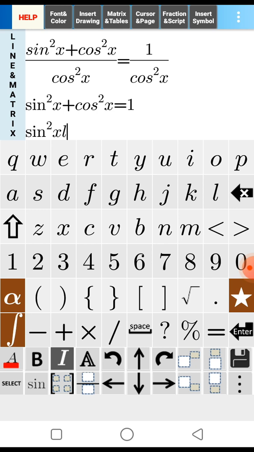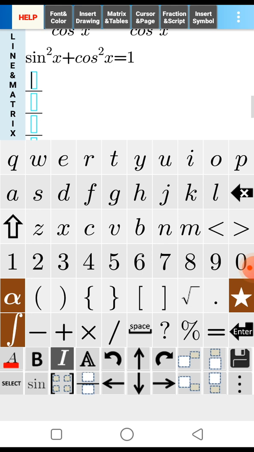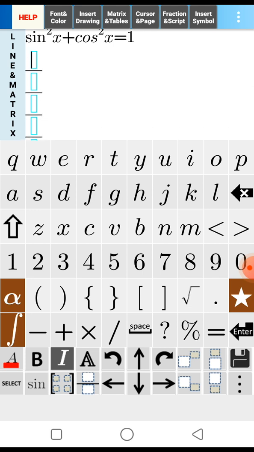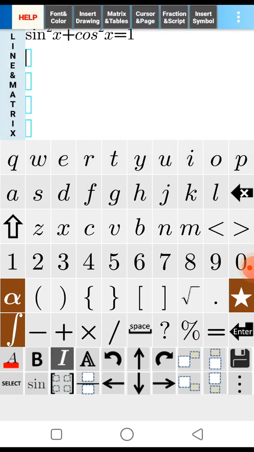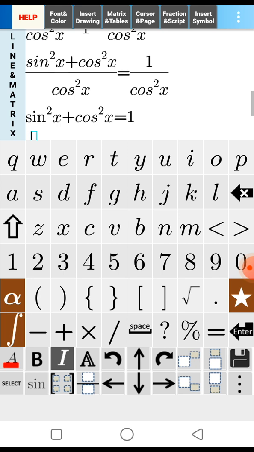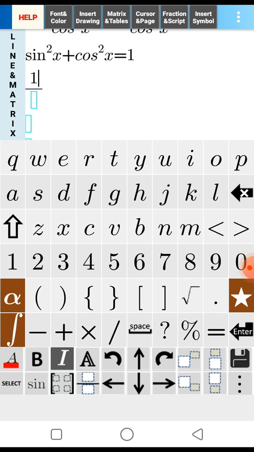Then we don't have to write all of this for the second time. We're going right ahead to our answer, where we have 1 over cosine square x.